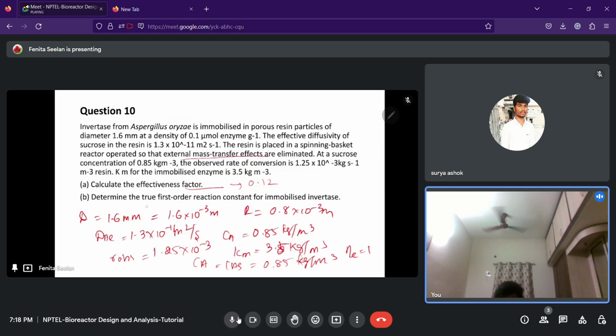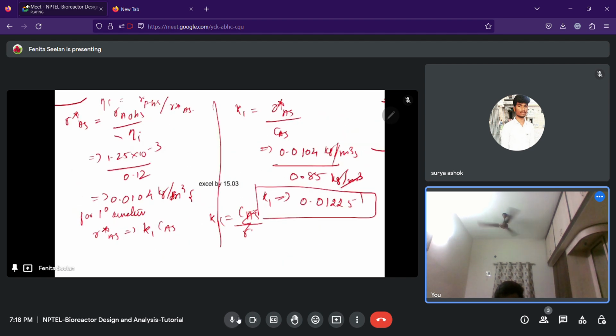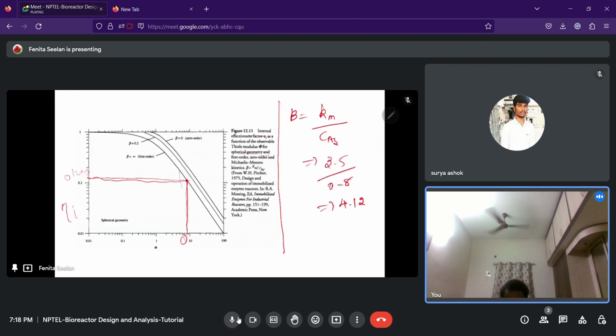It was asked to determine the true first order reaction constant, which is K1, for the immobilized invertase, and we just found the K1 value. This is the true first order kinetic constant for this particular enzyme, which is immobilized. Here, according to the question, it is invertase. So that would be about the class. We have solved some problems on mass transfer of heterogeneous systems.